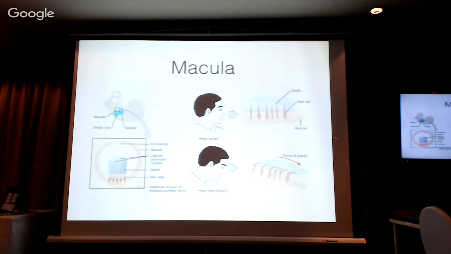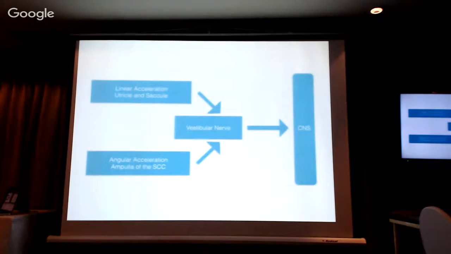When the force of gravity acts upon it, there's distortion and stimulation of the nerve endings here, and the brain is given the gravity sensitive information by the macula of the utricle and saccule. So both the gravity sensitive information, or linear acceleration, and the angular acceleration information go through the vestibular nerve to the central nervous system.